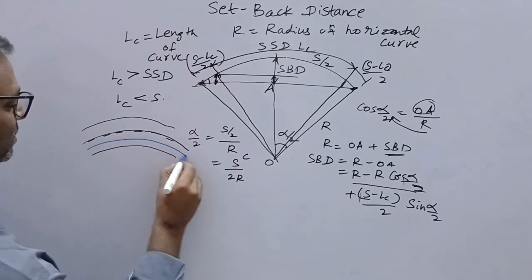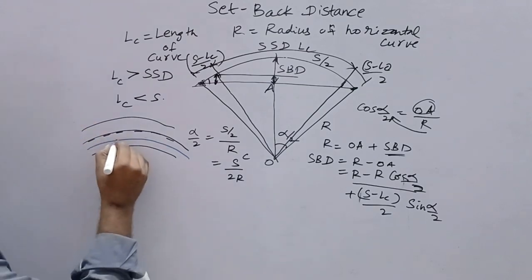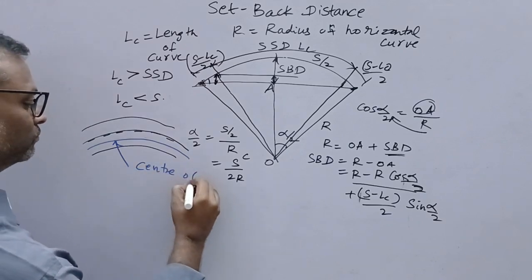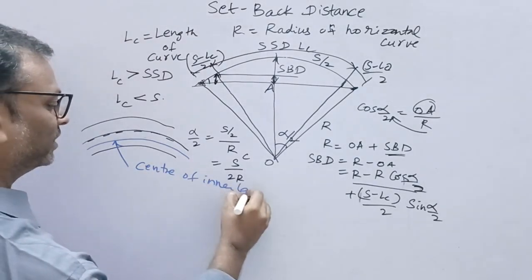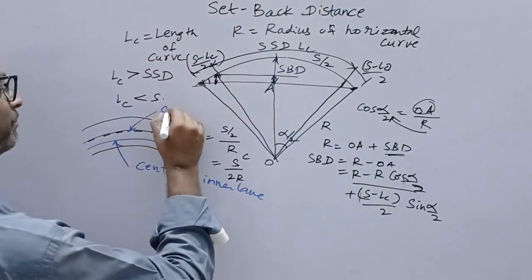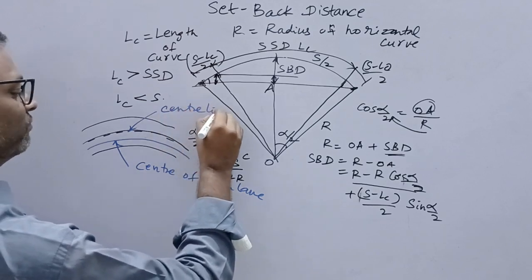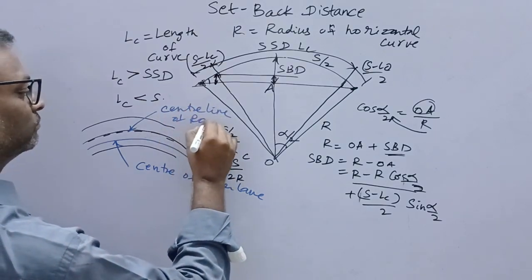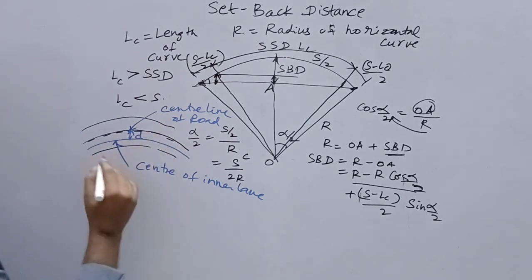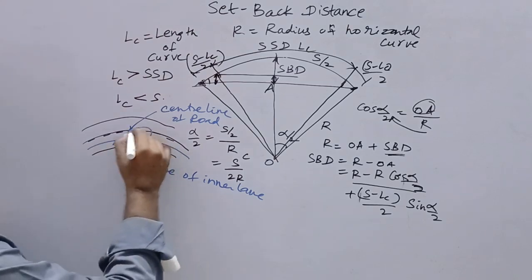If this is the center of the inner lane of this horizontal curve, and this is the center line of the road, then suppose this distance is small d.